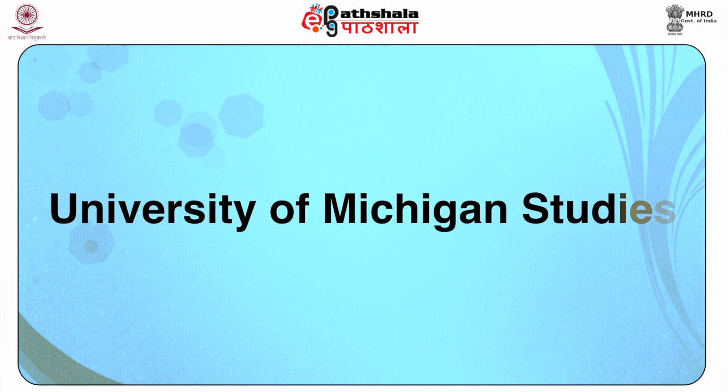The second is University of Michigan studies. At just about the same time as the Ohio State studies, leadership studies were carried out at the University of Michigan to identify leader behaviors which were seemingly related to performance effectiveness. These studies were known as the Michigan studies.